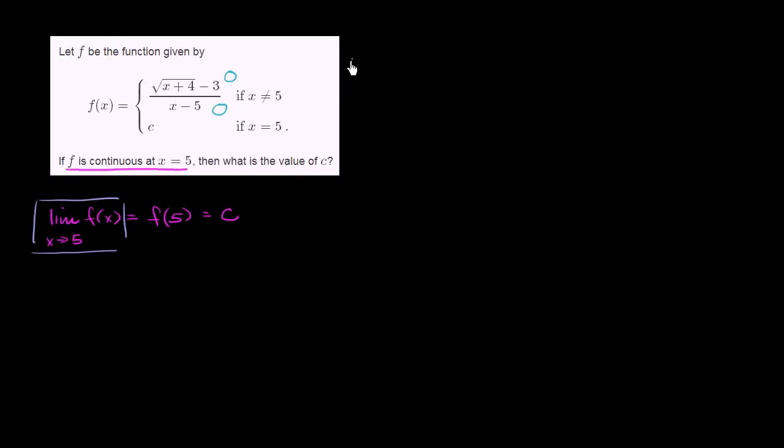So let's rewrite it. We have the square root of x plus 4 minus 3 over x minus 5. And anytime you see a radical plus or minus something else, to get rid of the radical, what you can do is multiply by the radical minus 3, you multiply by the radical plus 3.